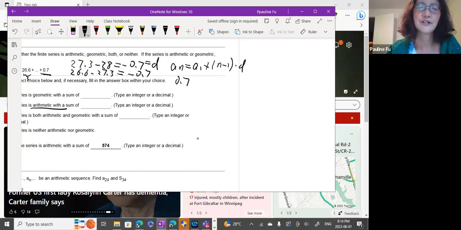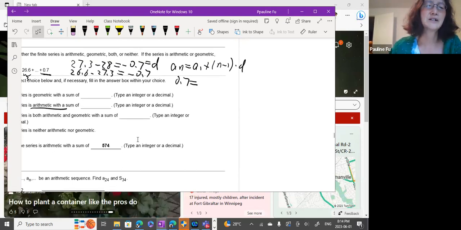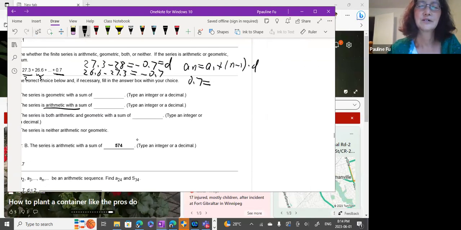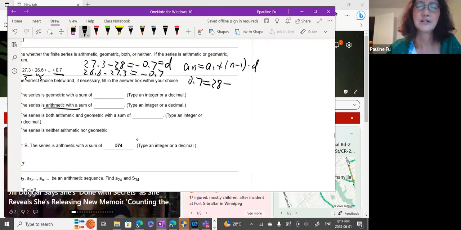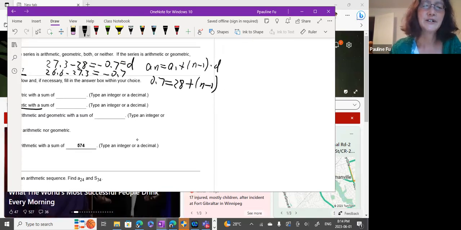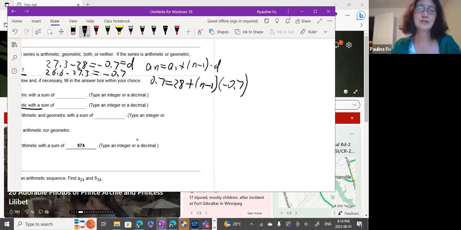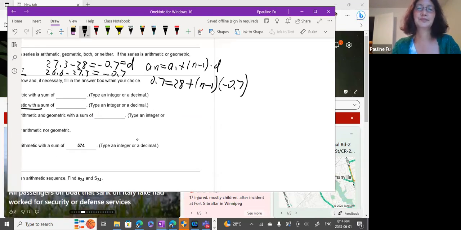So 0.7 equals A1, we know A1 is 28, plus n minus 1 times d, and we want to solve for n. The reason we want to solve for n is we want to find the sum of this series.